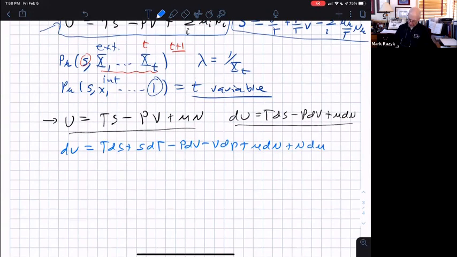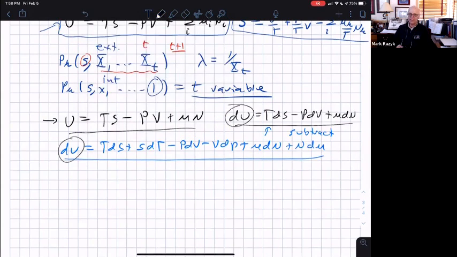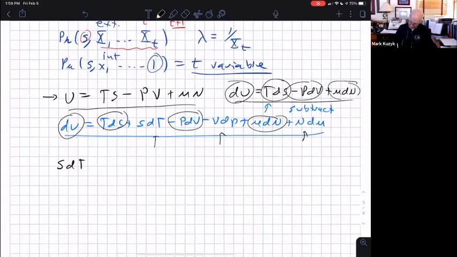Now let me take this and subtract that from it. If I subtract those two, notice that the U's go away, and then the T dS goes away, and the p dV goes away, and the mu dN goes away. All that's left over are these three terms. After the subtraction, I get S dT minus V dp plus N d mu equals 0.